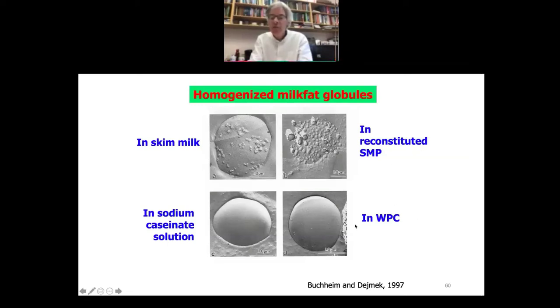Whey protein concentrate will also do the same, but it gives a very, very thin layer that may not be nearly as stable as a sodium caseinate would be. So not all dairy proteins are created the same, of course, as we talked about earlier, and it depends on how that protein has been treated during the extraction that can affect then how it might behave as an emulsifier.